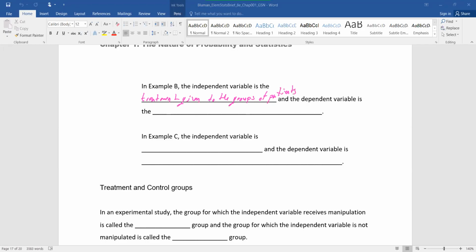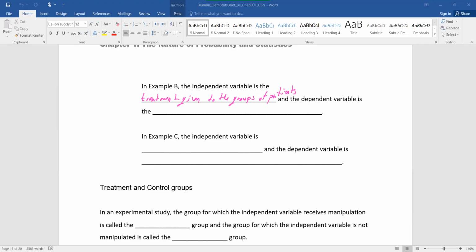So again, going back to example B, that was the situation with the diagnosis where they had two different groups, and one group got something and another group got a newer version. So the independent part was the treatment that was given. First group got the older treatment, other group got the newer treatment. And therefore the dependent variable is whatever response the patients had to the treatment.